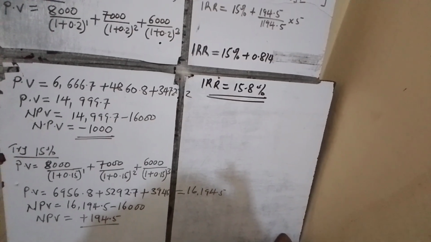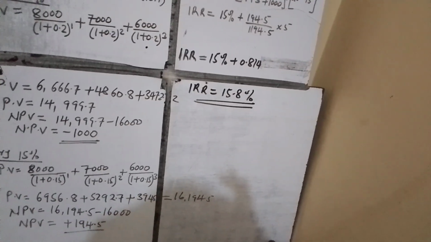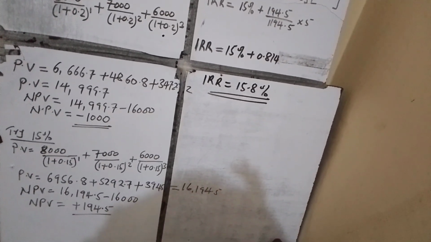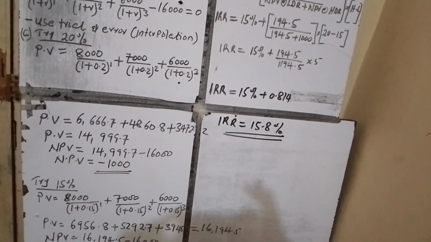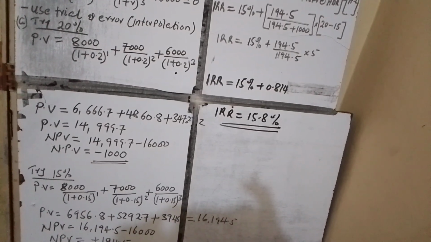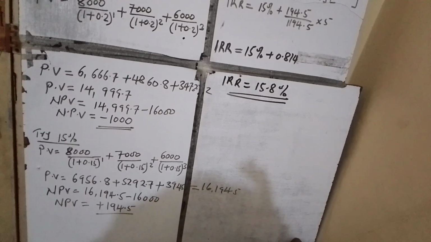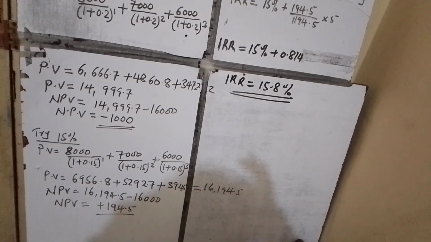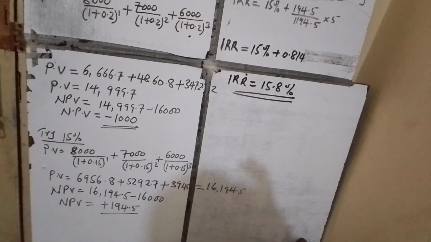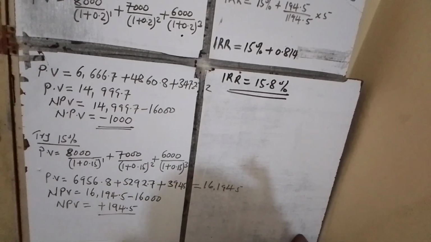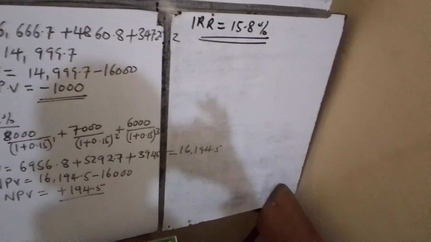So you keep on trying until one percentage gives you a positive NPV and the other gives you a negative NPV. If I use 20% as my rate, my net present value is negative 1,000. If I use 15%, my net present value is positive 194.5.